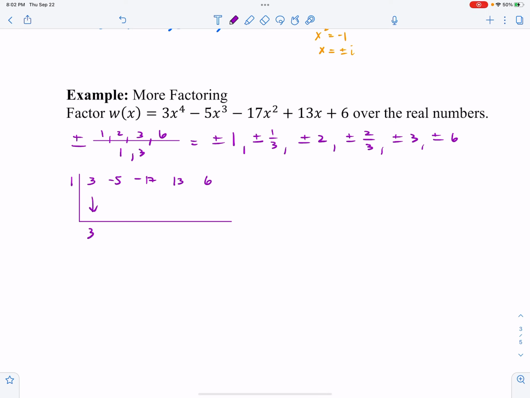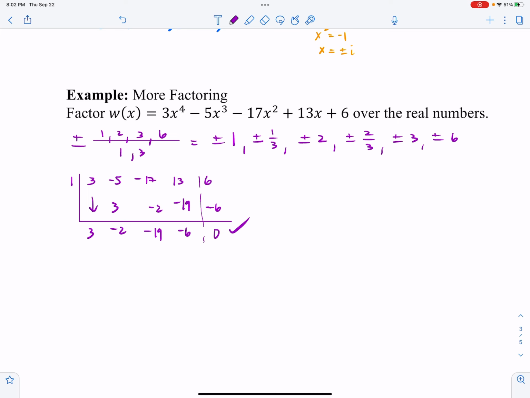Bring the 3 down. 3 times 1 is 3. Add straight down. We get -2. So what would that be? -19. And that would be -6. And oh my goodness, did I get lucky?